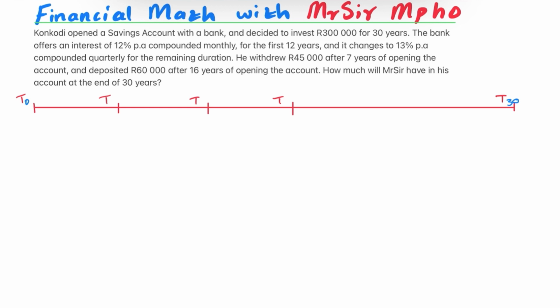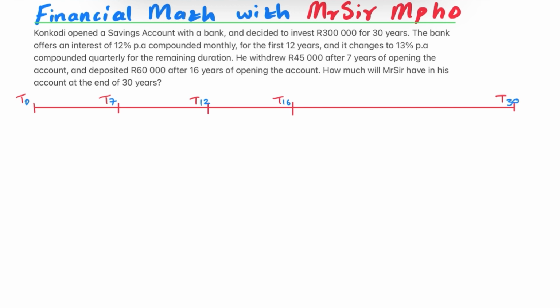Now notice there are 3 changes here. The first change is at T7, and the other one is 12 years, T12, and then 16, T16. So my first T will be my T7, and I have T12 here, and I have T16. Clear, right? So then the last one is 30.